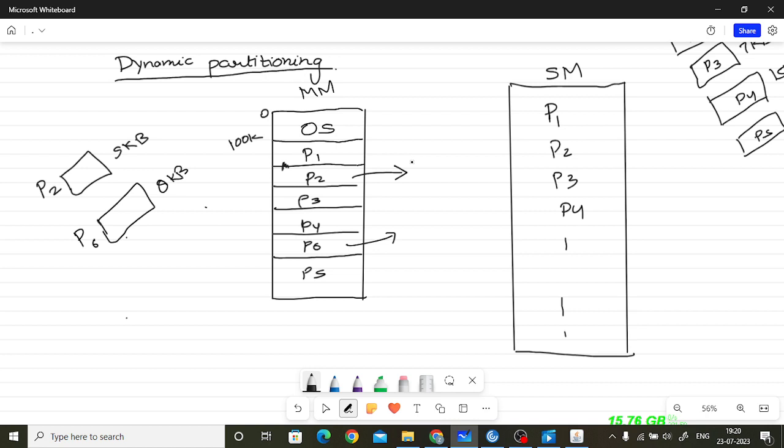So in order to accommodate it, we have to move the low priority processes P2 and P6.